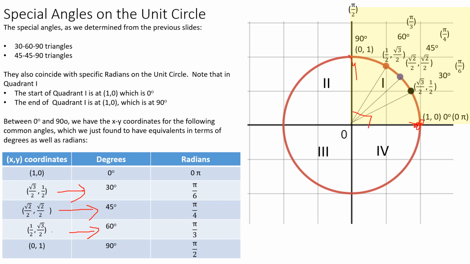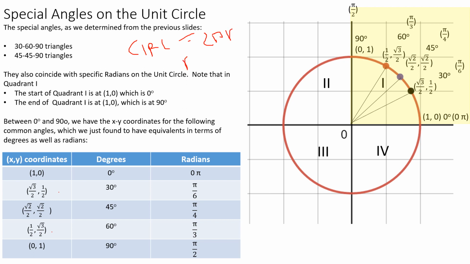But notice I've got a third column here, and that is in terms of radians. Let me refresh your memory what a radian is. A radian is the distance around a circle in pi's. If this is the unit circle, I know the circumference equals 2 pi r, 2 times pi times radius.